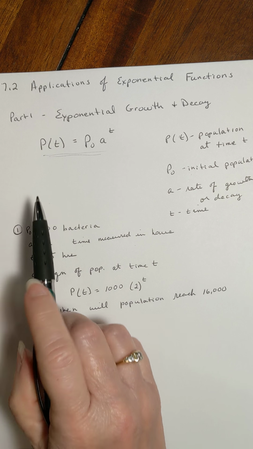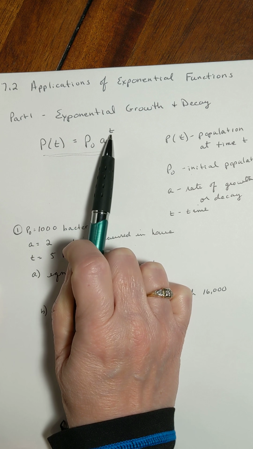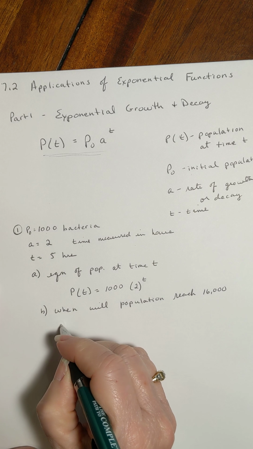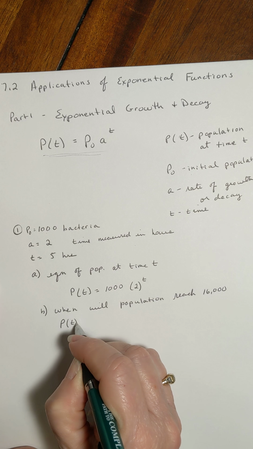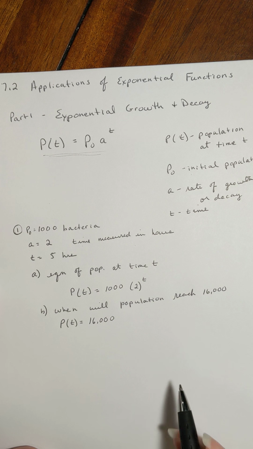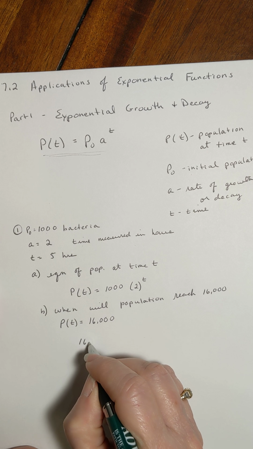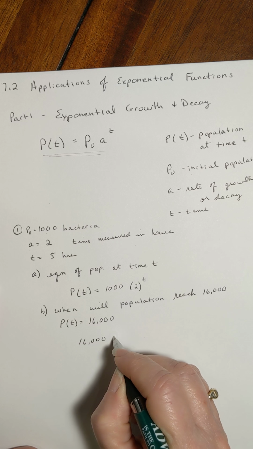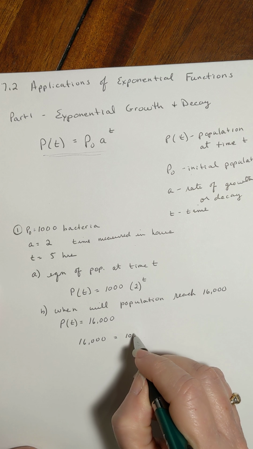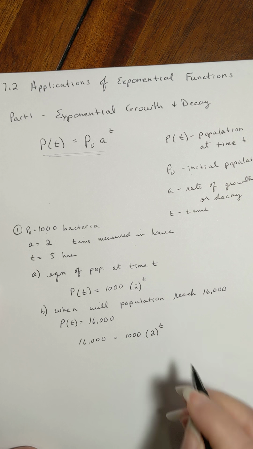So this is giving the population at some time that we don't know, but we're trying to figure out what t is. So notice that here they're giving you P of t is equal to 16,000. So coming to our original equation, that would give us 16,000 is equal to P0, 1,000, times 2 to the t.